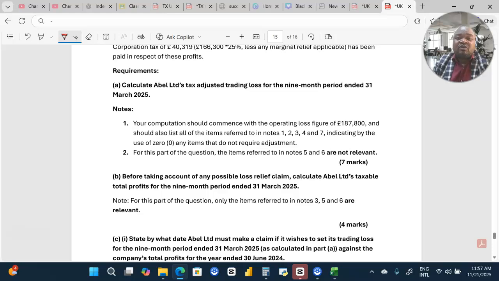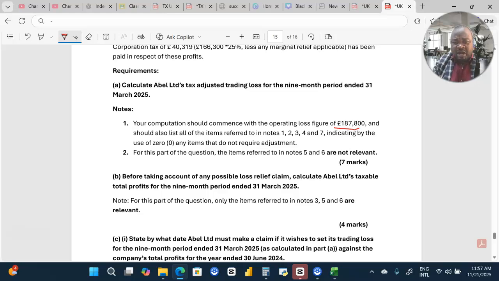Your computation should commence with the operating loss figure of 187,000 and should also list all of the items referred to in notes 1, 2, 3, 4, and 7, indicating by the use of 0 any items that do not require adjustment.